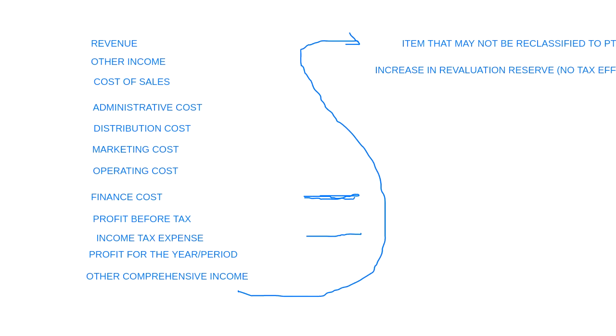Let me see if I can fit in there, and there it could be, let's say, a gain on investment. Because you haven't realized it, it will have no tax effect.